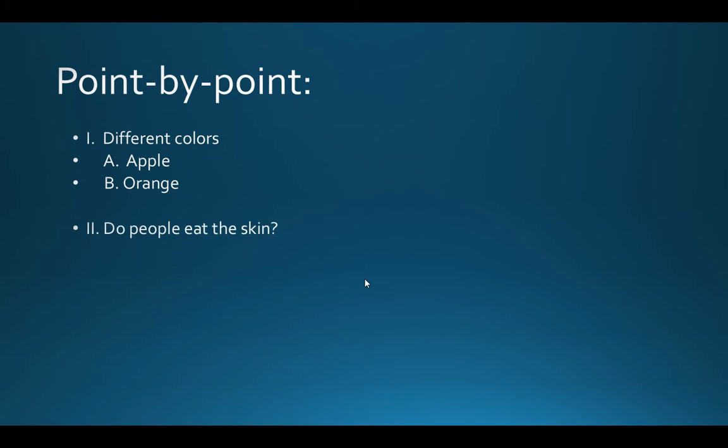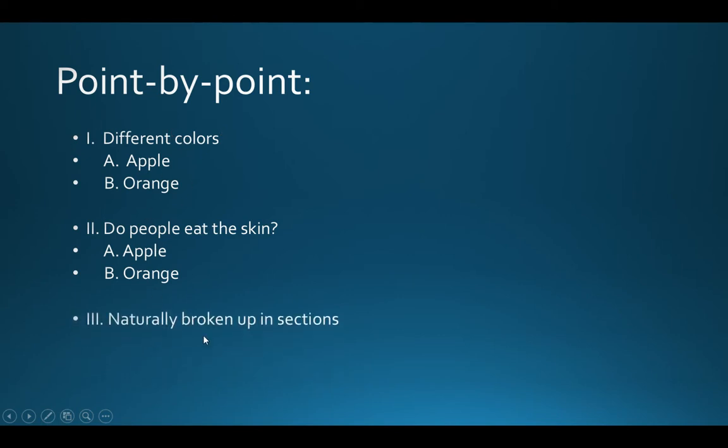Then we go to whether people eat the skin, apples, oranges. So we're talking about the concepts that we're comparing: different colors, do people eat the skin, is it naturally broken up in sections. This would be the point by point, or alternating, as opposed to talking about nothing but apples and then oranges. So we're talking about the point, and then comparing the two things.